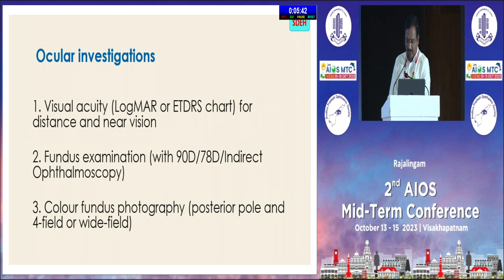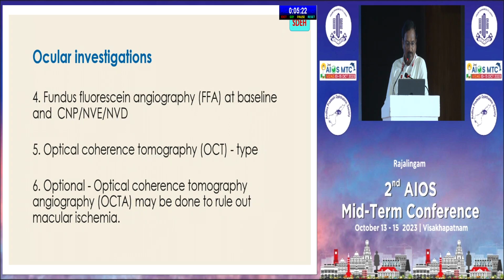Before going for the management options, we have to thoroughly examine the patient, take visual acuity using a logMAR chart, and do a fundus examination. Biomicroscopic fundus examination is very important, along with color fundus photographs, especially of the posterior pole, and wide field if available. Fundus fluorescein angiogram at baseline helps identify CNP, NVE or NVD.